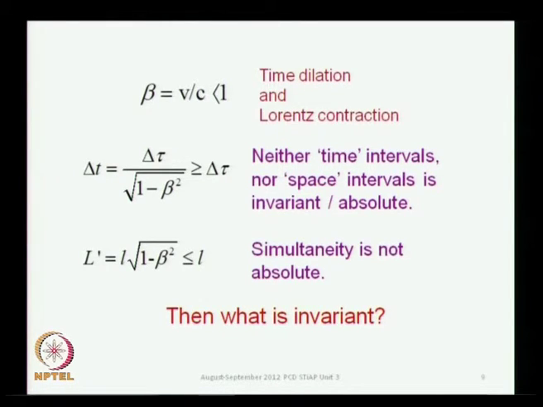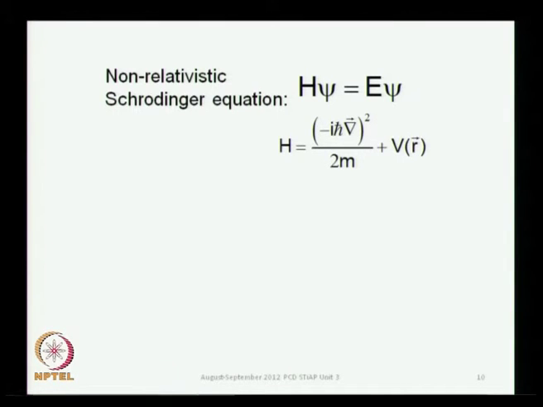Okay. So, this quantity is of interest to us because our interest in quantum mechanics is the following: we deal with the Schrodinger equation in quantum mechanics, the non-relativistic Schrodinger equation.